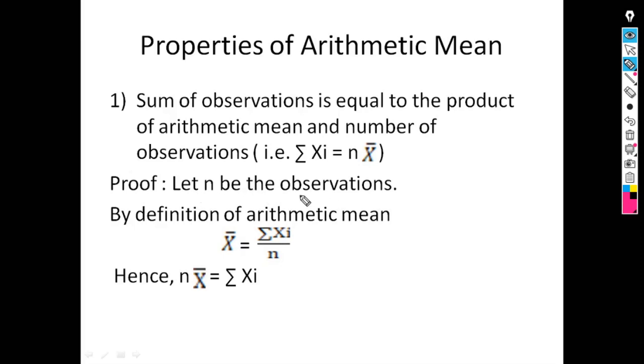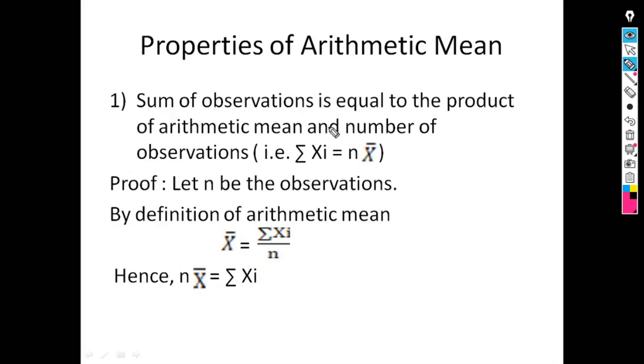Suppose n is the number of observations. We know the definition of arithmetic mean: x bar is equal to summation of xi divided by n. If we shift this n to the LHS, it becomes the multiplier of x bar. Then n into x bar is equal to summation of xi.